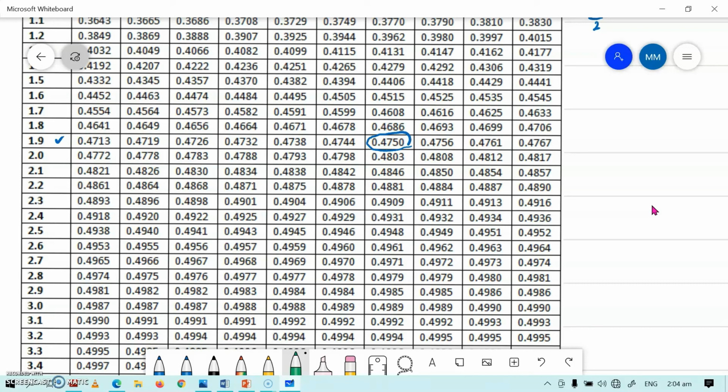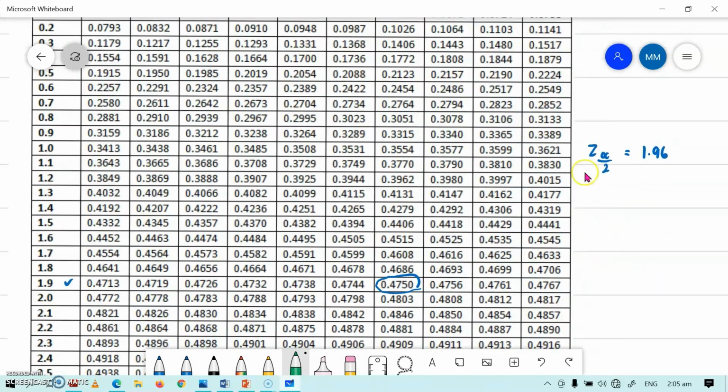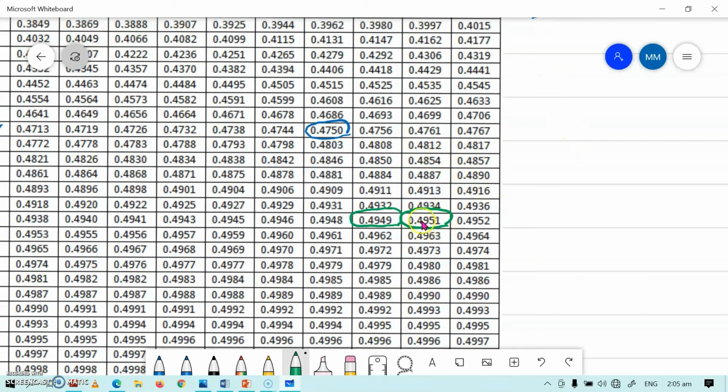Here we have 0.4949 and 0.4951. We don't have the exact 0.4950, but we have 0.4949 and 0.4951, so we can use these two. So we have 2.57 and 2.58.